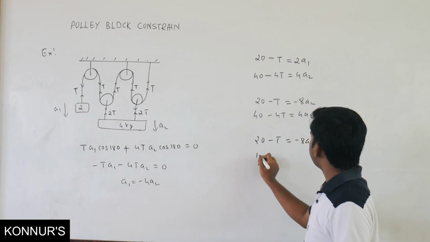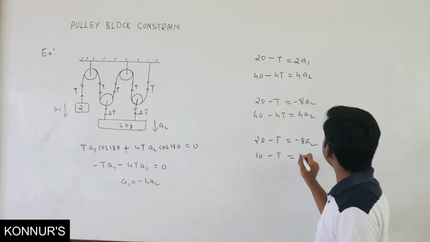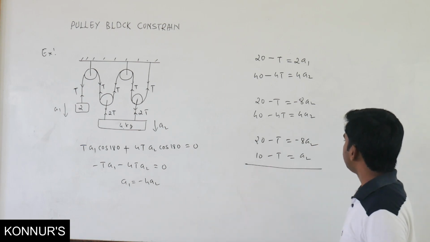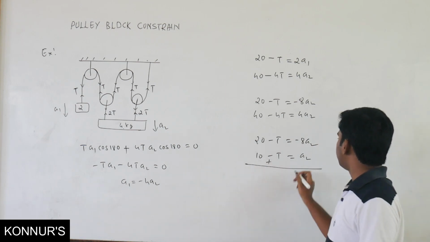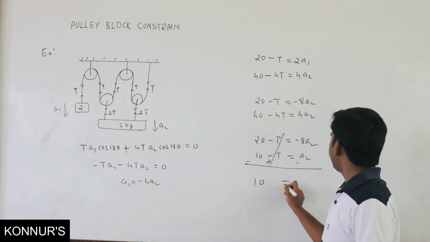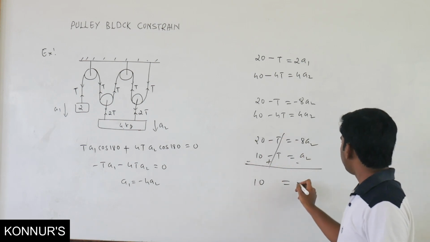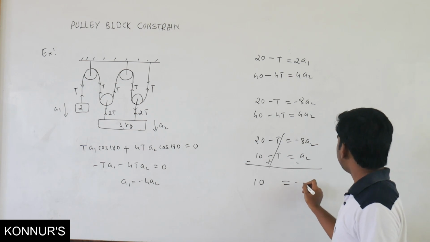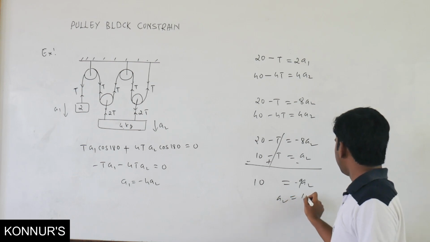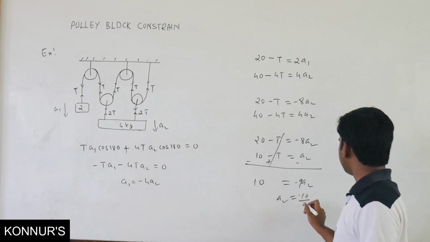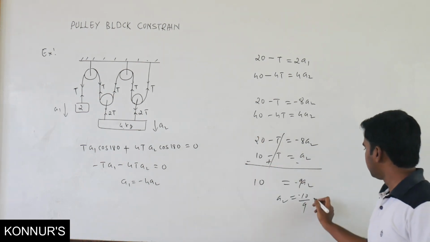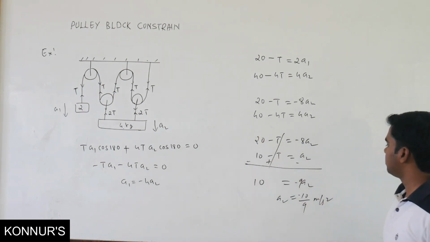This will become 10 minus T equals a2. If you solve these equations, this will become 10 equals minus 9a2, so a2 equals 10 by 9. Don't worry about the negative sign, it shows the direction. The unit is meter per second square.